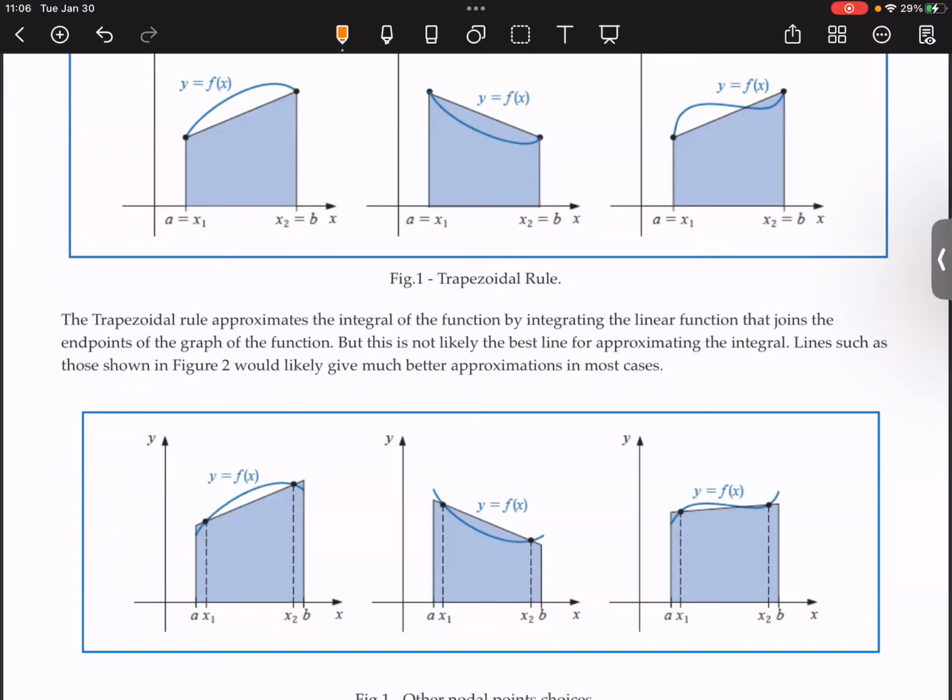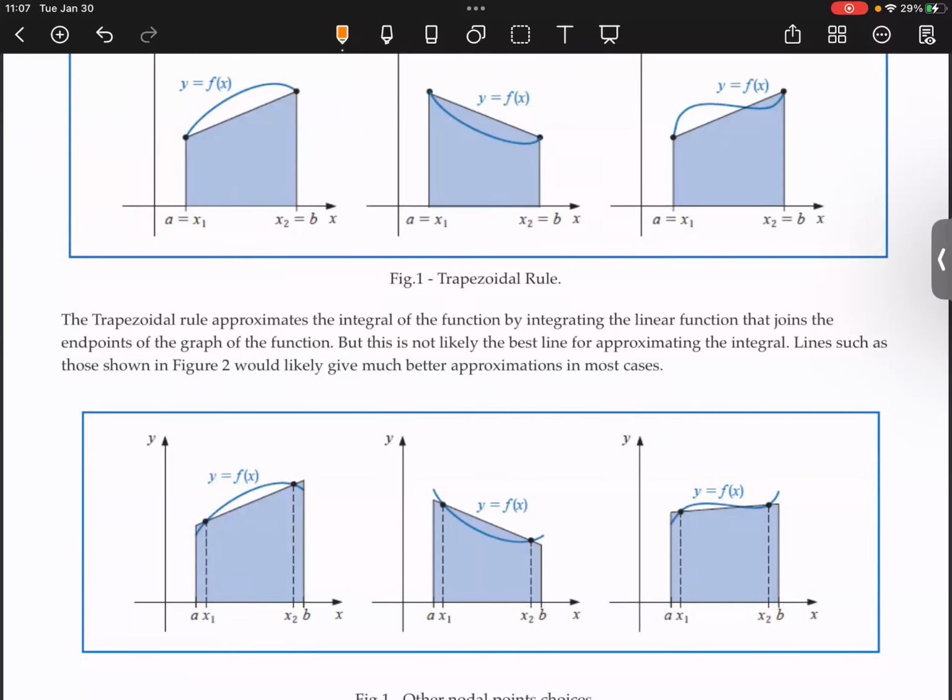We connect these 2 points with a straight line, and approximate the integral with this trapezoid instead. Not the endpoints, we use some points in between the interval [a, b].